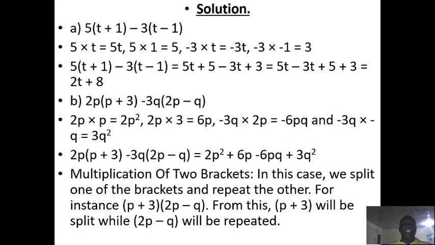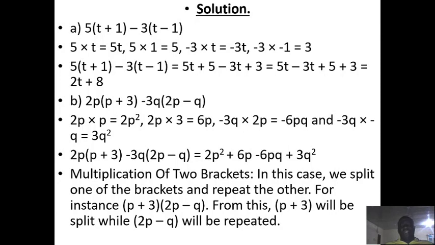And minus 3q times minus q will give us plus 3q squared. So bringing the results together, we now have this expression, which is 2p squared plus 6p minus 6pq plus 3q squared. So now we are looking at multiplication of two brackets.